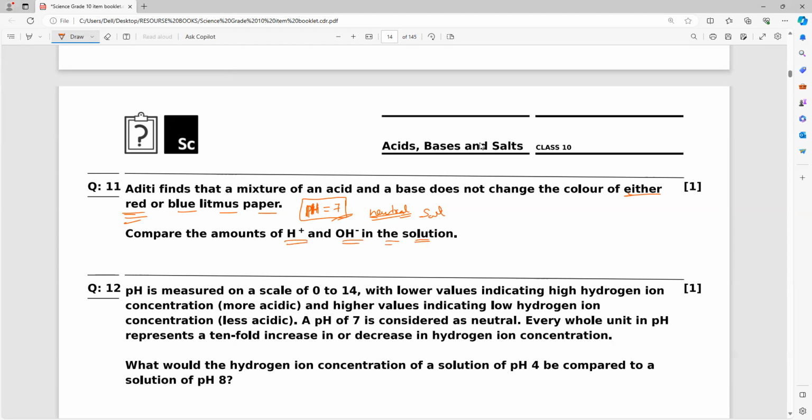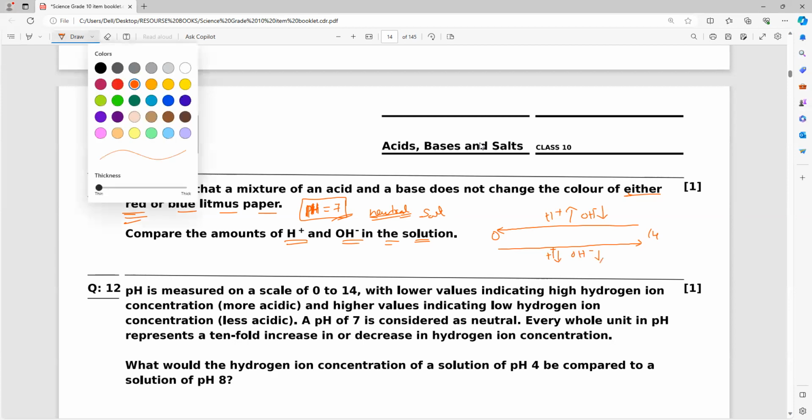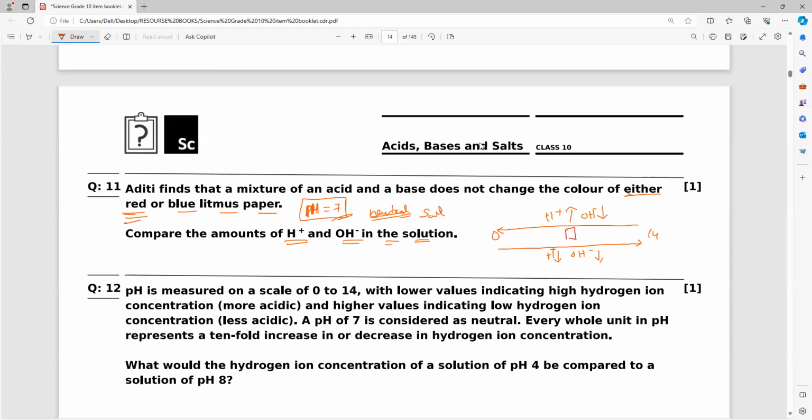If you go from 0 to 14, H plus ion concentration decreases and OH minus ion concentration increases. Now it comes to exactly the middle, 7.